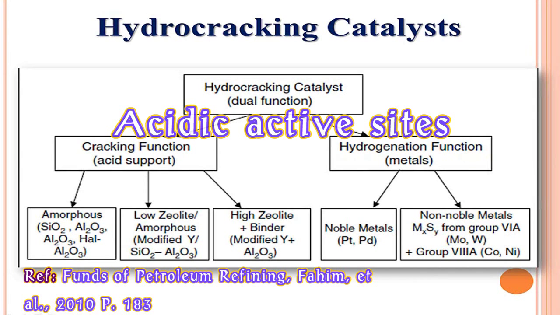So we have support and metal. We need cracking by the acidic active sites, and also metal for the hydrogenation and dehydrogenation reactions, as we mentioned before.